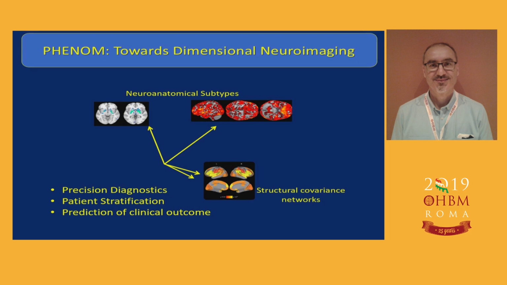So in summary, and again, we view this in PHENOM and in other consortia, we have another consortium in aging, we call ISTAGING, with a much larger number of MRIs. But the idea is not to cluster patients into subtypes, but more to develop a dimensional neuroimaging system where perhaps if you are more along this axis, you express more of this pattern, and if you're along this axis, then maybe you have some of the structural covariance networks involved, more or less.